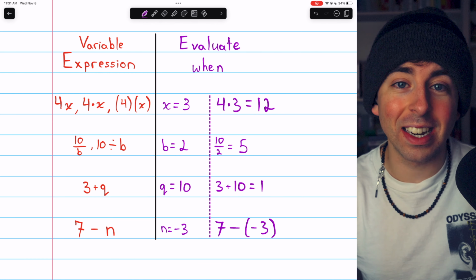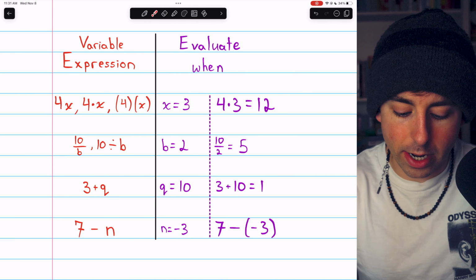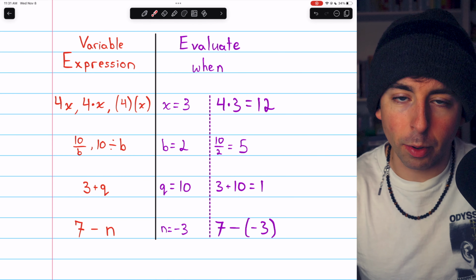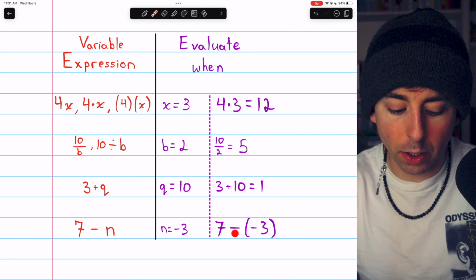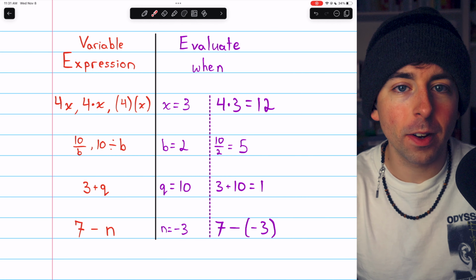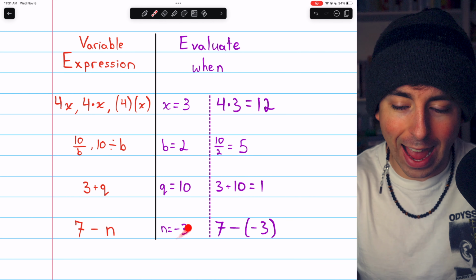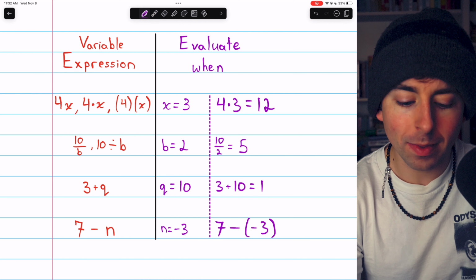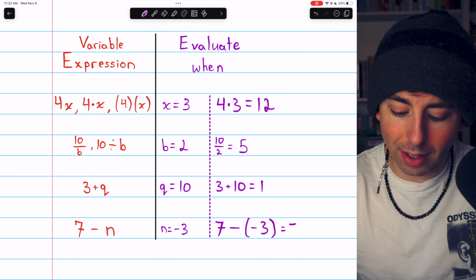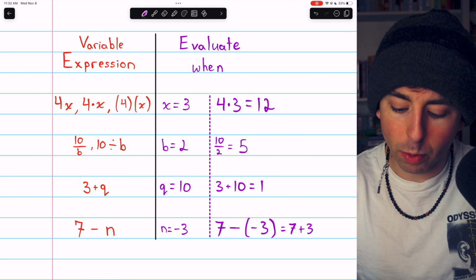Be careful with those negatives. I put the -3, the value of n, in parentheses just to make sure it's clear there are two negatives here. There's one from the subtraction, but there's another one because n is -3. When we subtract a negative, that of course turns into addition. So this is 7 plus 3, which is 10.